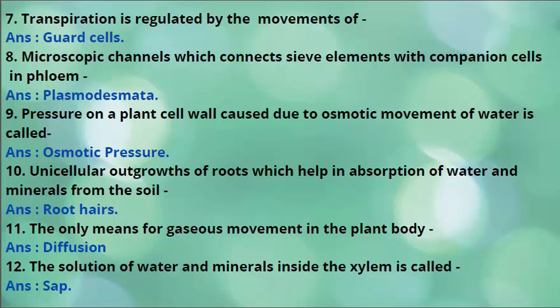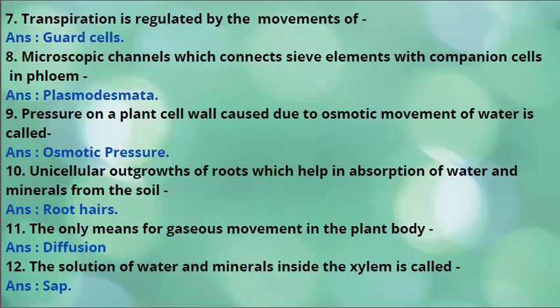Next we have microscopic channels which connect sieve elements with companion cells in phloem. It is known as plasmodesmata. Number 9. Pressure on a plant cell wall caused due to osmotic movement of water is called osmotic pressure.